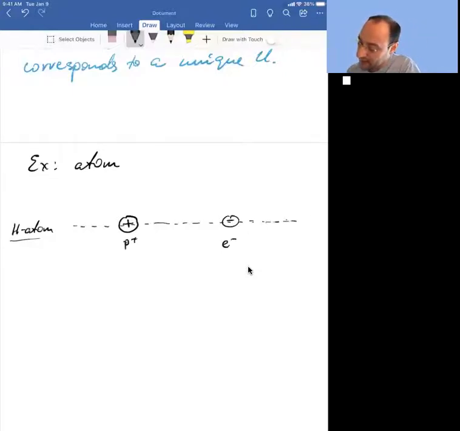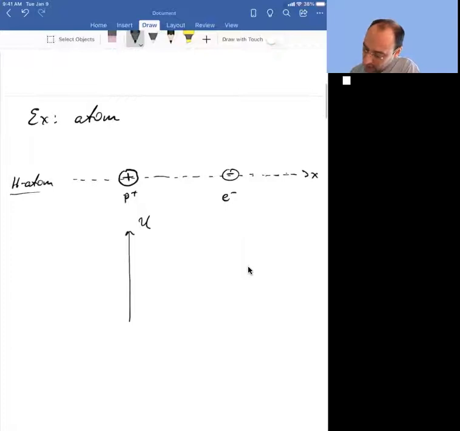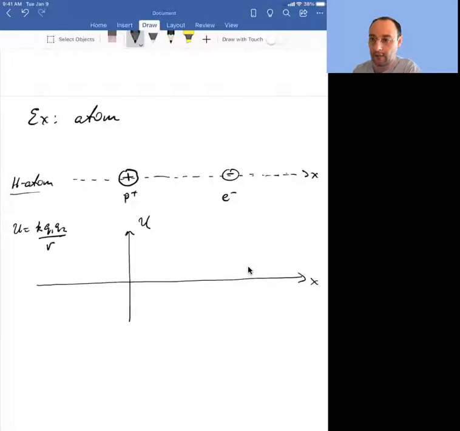So here's the x-axis, and I can plot the potential energy of this particular scenario versus the x-axis. And you know that the potential energy here would be k Q1 Q2 over r. So if Q1 is positive and Q2 is negative, the whole thing would be negative.